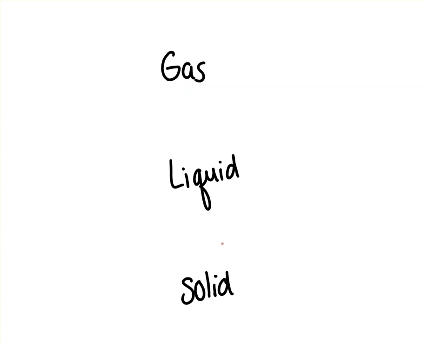Anyway, having them in this order can help you answer some of the questions about energy and if it's absorbed or released. So I'm going to start by writing up arrows. And so as we do, we'll name these. Going from a solid to a liquid is melting. Okay, and then going from a liquid to a gas is vaporization.